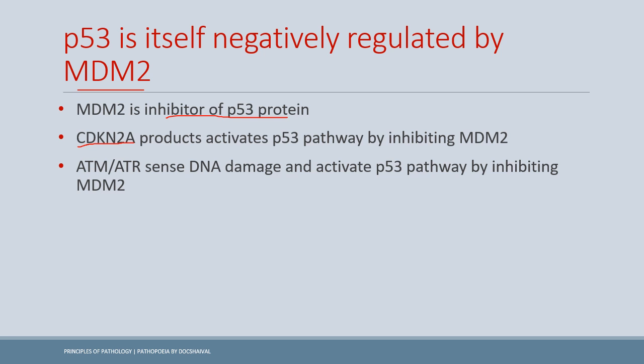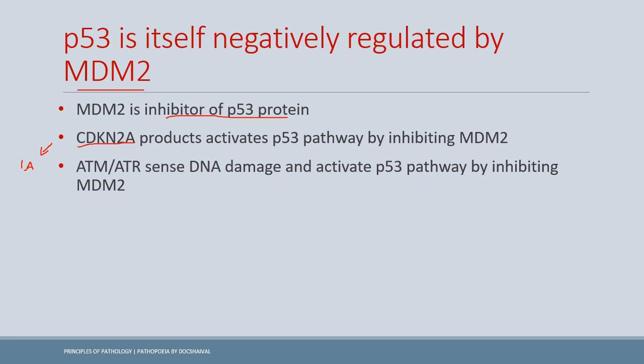What is the function of 1A? Let me just say something over here: P53 activates CDKN1A to arrest the cell cycle, and CDKN2A activates the P53 pathway to arrest the cell cycle.